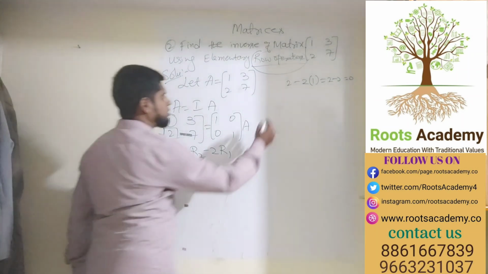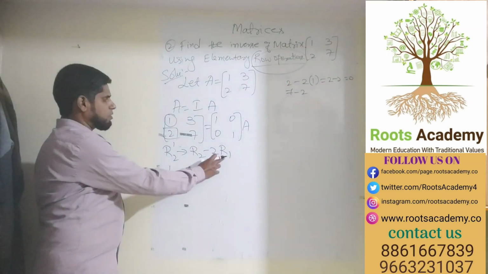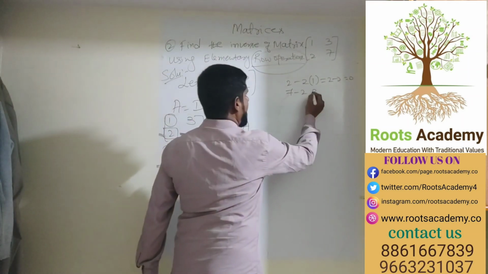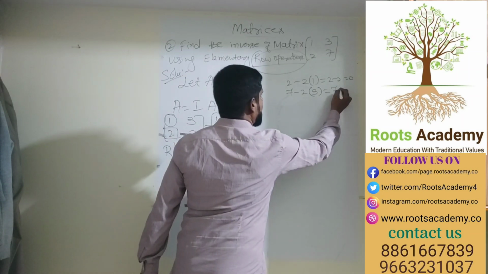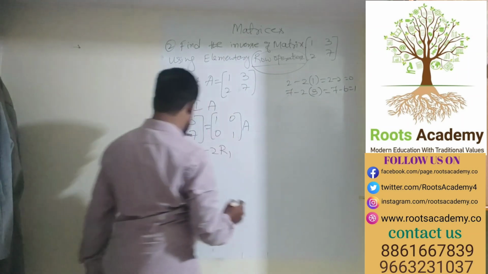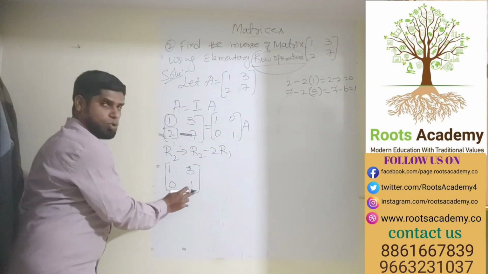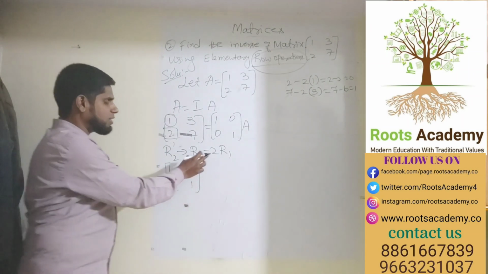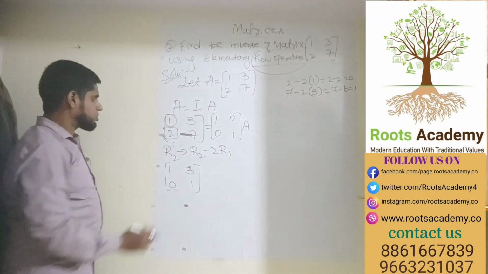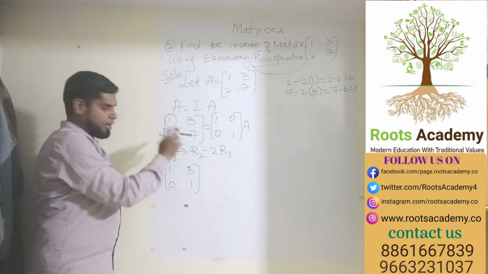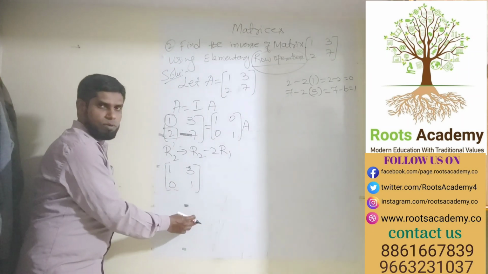The next R2 is 7 minus 2 times of R1 is 3 here. So student, 7 minus 6, it is 1. Oh student, luckily I got this also 1. It means in one step I got both the elements, but actually I had targeted this element. Luckily I got this also as 1, so it reduces our one more step here.